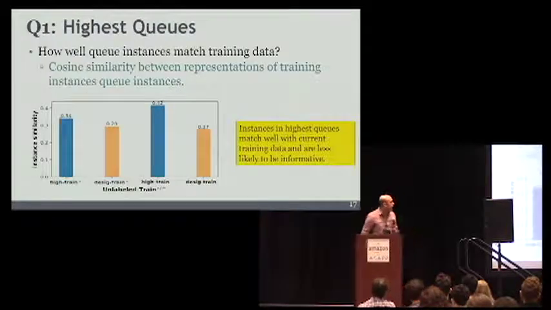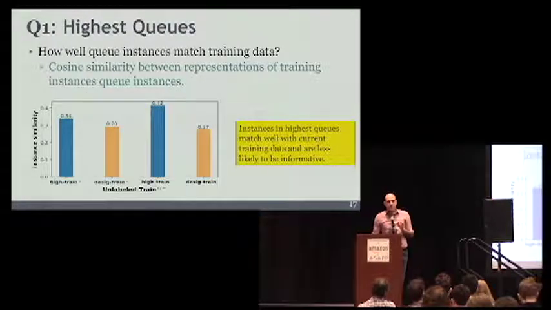All right, for the first question, we compute how well the instances in the highest queue match the current training data at every self-training episode, and we compare it against the extent of matching for the designated queue.